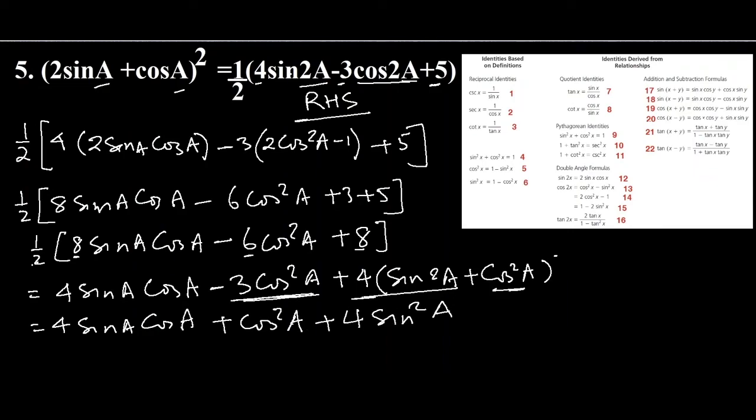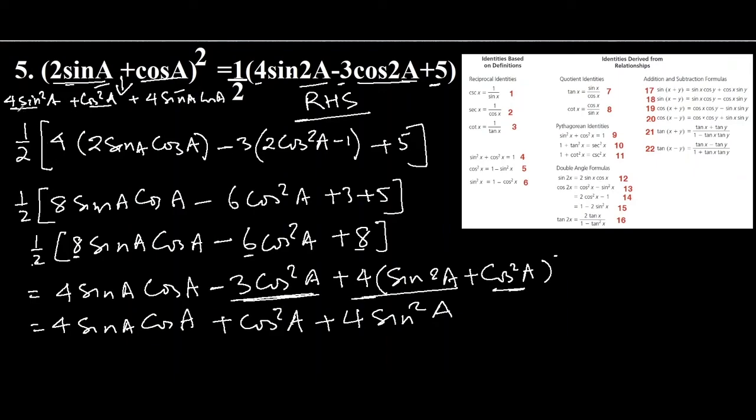Now you can see, if I expand this, the square of this will be, if I say this is a, this is b, a square plus b square plus 2ab, that is the expansion. So it will give us 4 sine square a plus cos square a, that is a square plus b square, plus 2ab. 2 times this, that will be 4 sine a cos a.